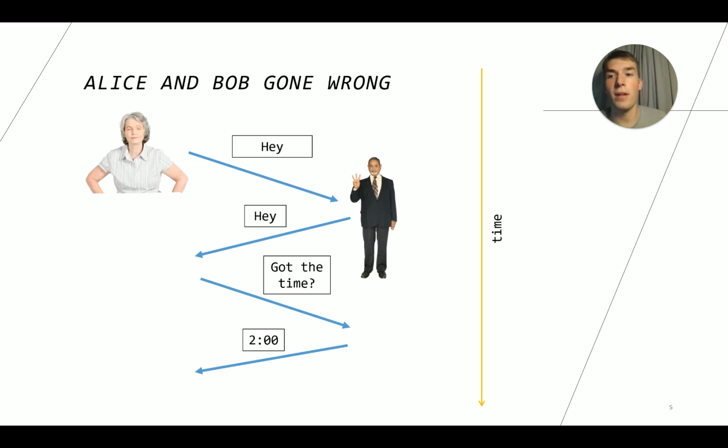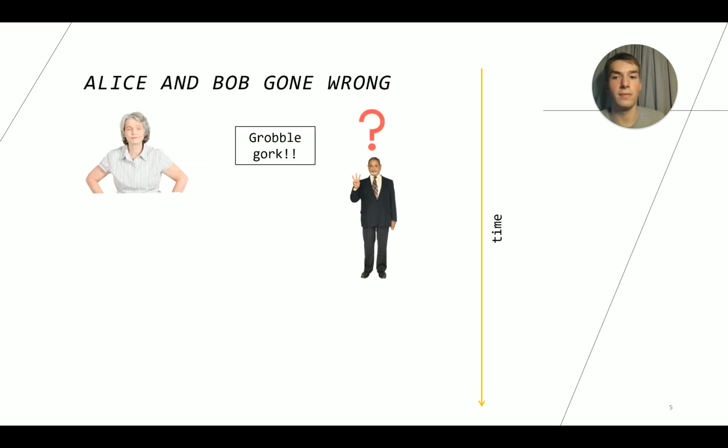So let's see what would happen if we change a few elements of this interaction. Well, if Alice accosts Bob with some sort of made-up language that Bob doesn't know, Bob's going to be confused, and the communication is going to break down because Bob doesn't know what to do in response.